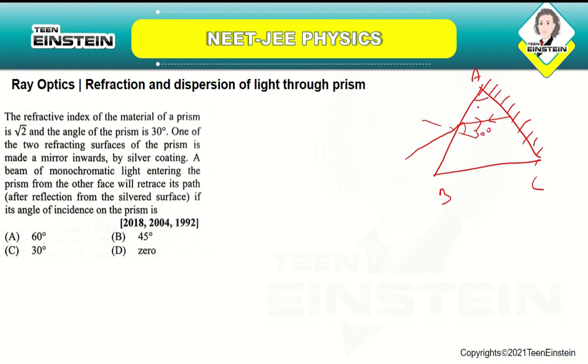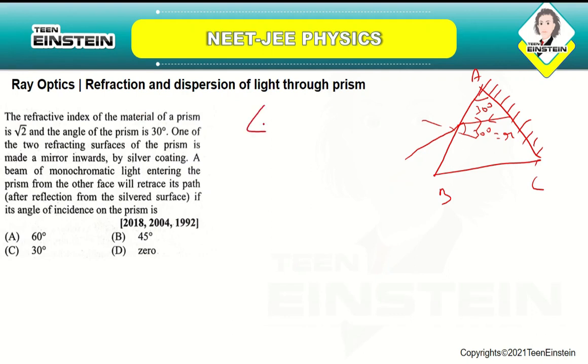Okay. And here also it is 30 degrees, the angle of the prism is 30 degrees. So, angle of refraction is also 30 degrees. So, here what happens is the ray will retrace its path from the mirror if it falls normal to the surface of the mirror. Okay. So, if it is falling normal to the surface of the mirror, it will retrace its path.